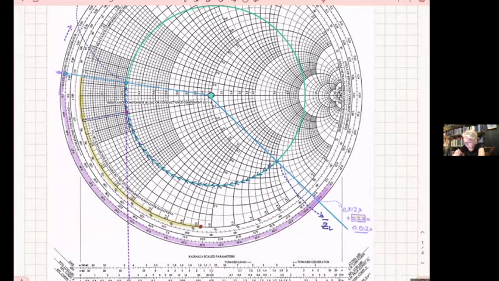Okay, so now, what is the resistive circle? The resistive circle has to be 0.21. So the resistive circle is going to be, it's all cramped in the beginning, but it's going to be somewhere here. The red one. And the reactive circle is this.